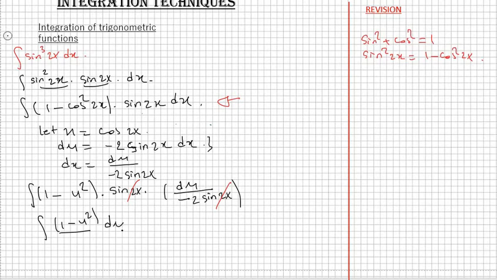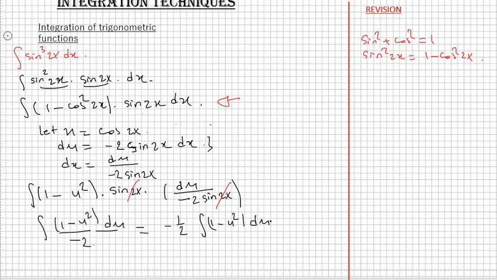So we have du and then we have negative 2. But that can also be written as negative half times integral of 1 minus u square du.